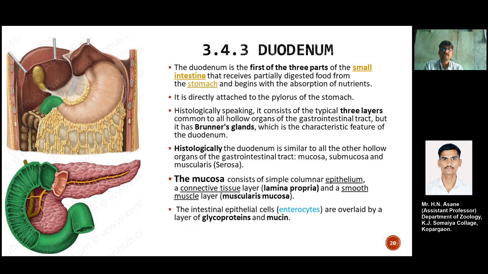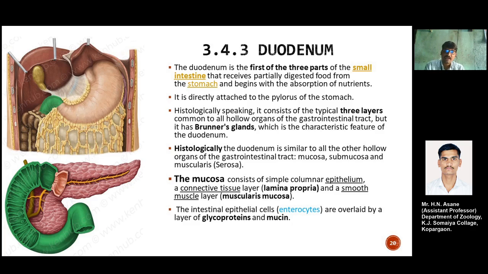It is directly attached to the pylorus by the sphincter, which is a valve-like structure.